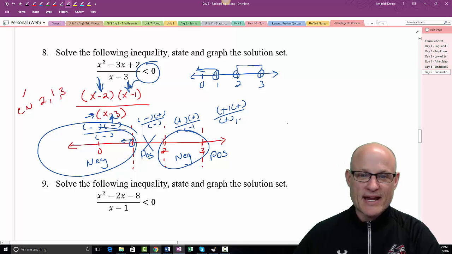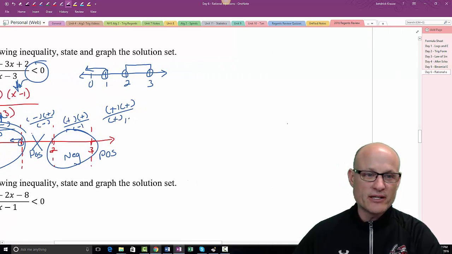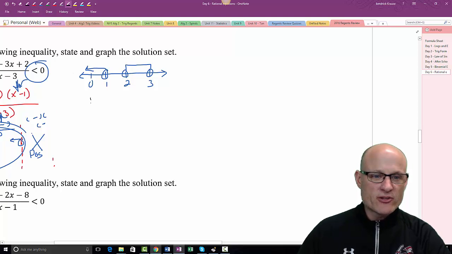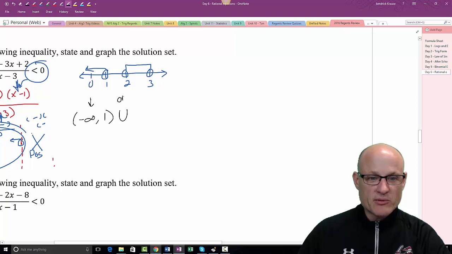All right, so now I've got to write my answer up. This answer is going to be funky. We're going to state our solution in interval notation. In interval notation, that's from negative infinity to 1, parentheses, union, which means the same as or, from parentheses 2 to 3 parentheses.